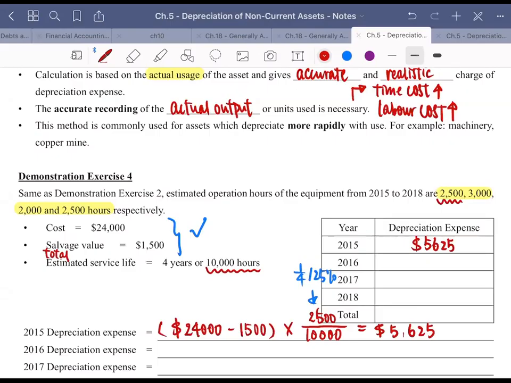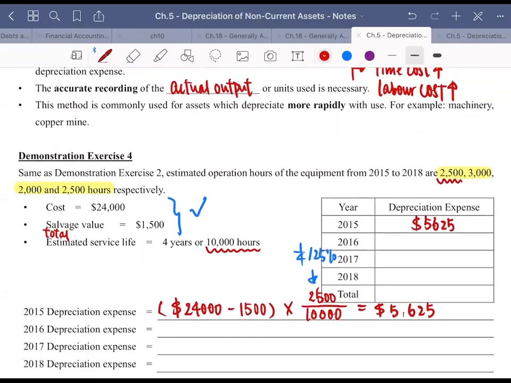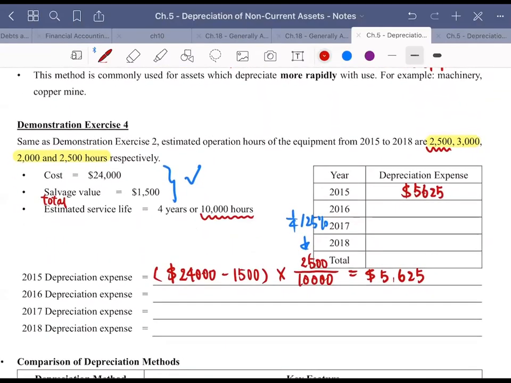And I would like you to try to calculate the following few years. Just like what we have done, you can send me the answers and I can give you the check figures, whether you are correct or not. So I'll give you maybe 5 minutes to calculate the remaining 3 years, as well as calculating the total amount of the depreciation in the box provided.